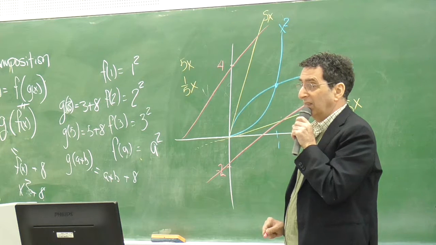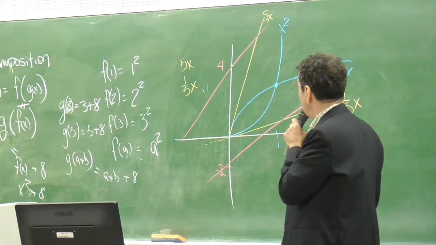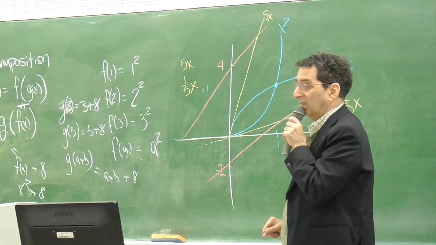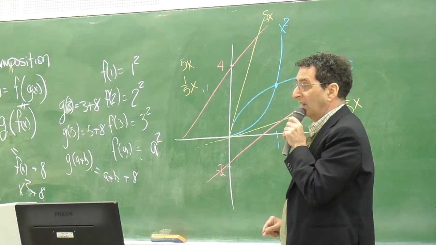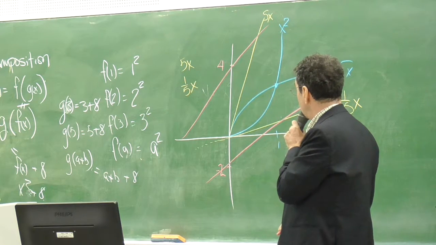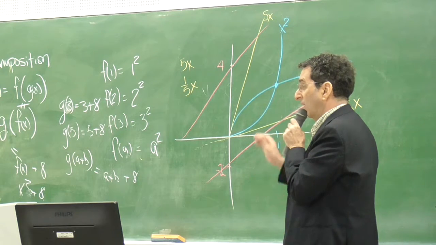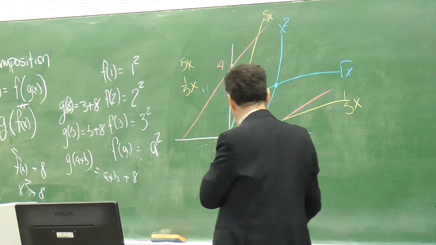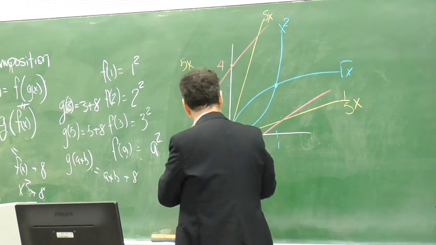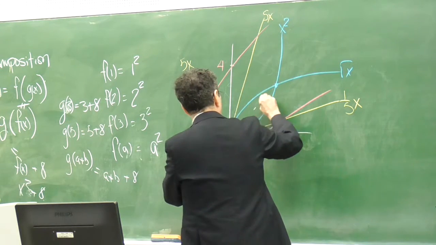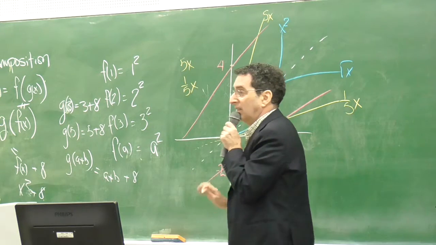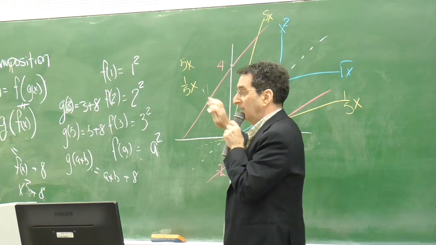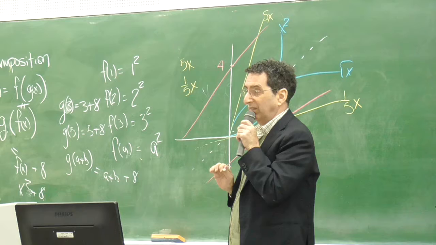So they do it a few times, and what do they notice? That a function and its inverse are very much graphically related, and basically they are reflections through this line. You take one and reflect it through that line, you get the other one.